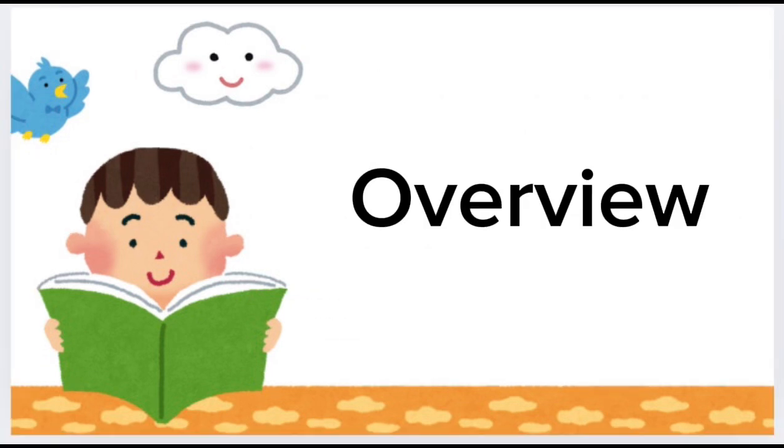Now let's proceed to the overview. In this lesson, we'll learn simple and effective ways to help students understand what they read. Whether it's a story or an informative article, we'll focus on the key ideas that help people make sense of reading and enjoy learning.